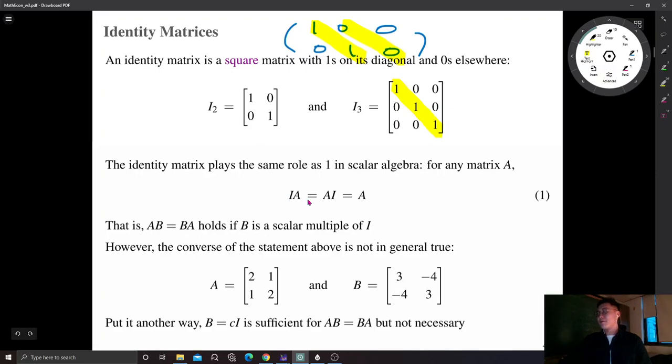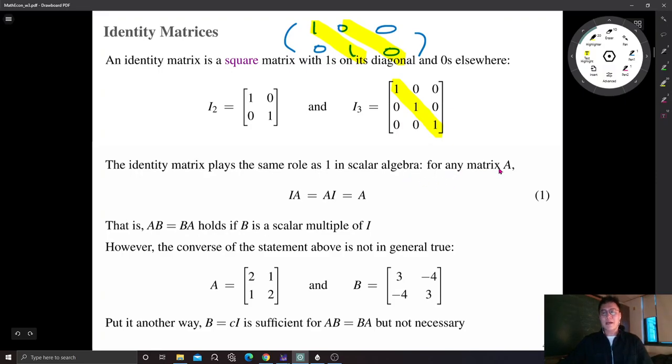So if we multiply by this identity matrix, the previous example may help you to compute the product. So I times A or A times I gives us the same result, that is, the original matrix A. Okay, so the identity matrix plays the same role as the number 1 in scalar algebra.